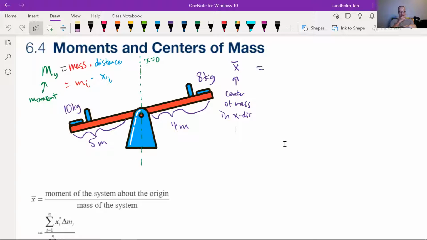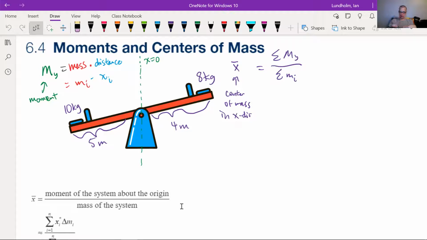That's going to be given to us by finding the sum of the moments. I have this down here. It's the moment of the system about the origin over the mass of the system. So we're gonna add up a bunch of moments on the top, and then we're gonna add up mass on the bottom.